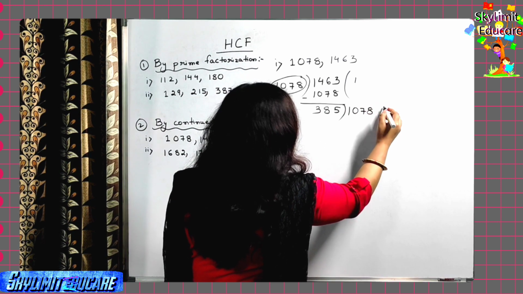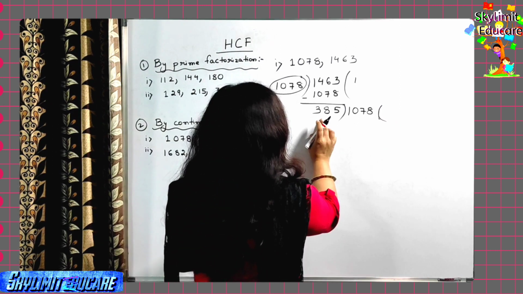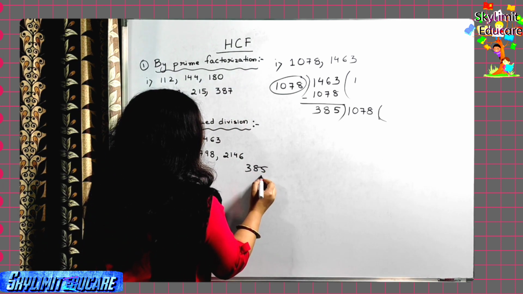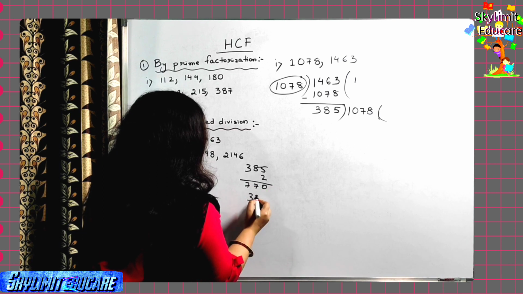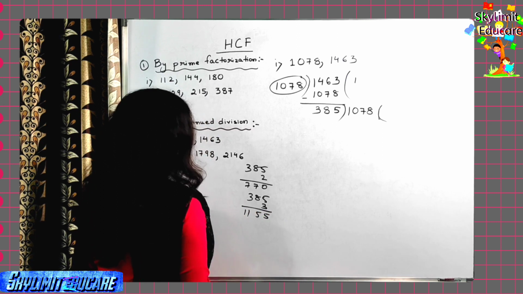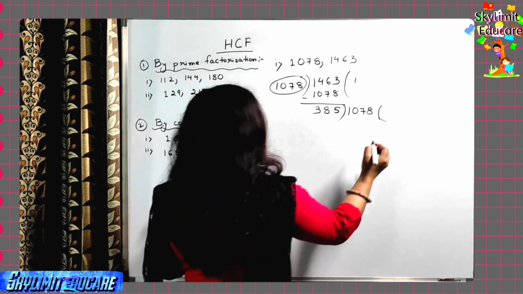So now let us find out with what it will go. 385, let's try with 2. Let's try it with 4 or 3. So with 3 we are getting 1155. That's becoming greater, so it will go with 2.